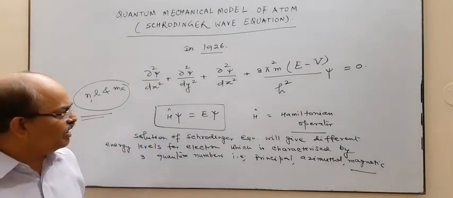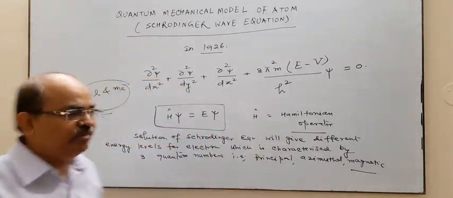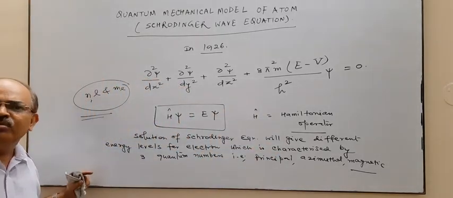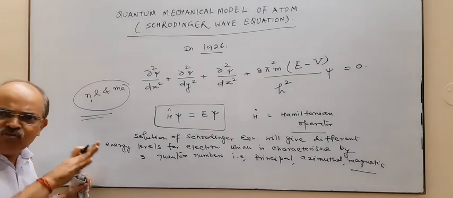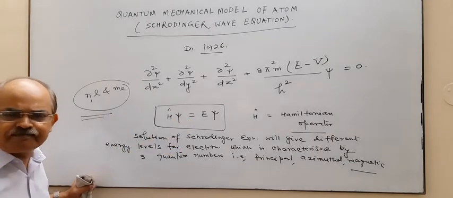However, for your information, the fourth quantum number, the spin quantum number, is obtained from spectroscopy. Spin quantum number has no relation with the Schrodinger equation.